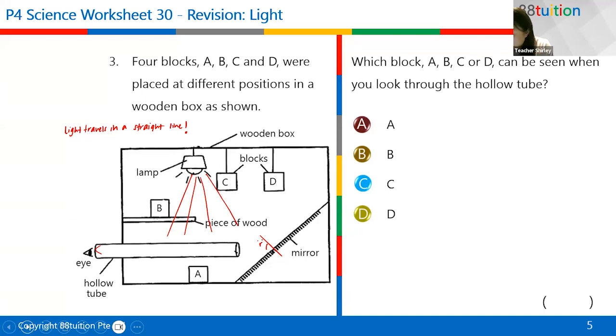So this is considered the angle of reflection because it's reflected into this person's eyes. Okay, so then after that, we will also need to draw another line. So what I was trying to say is that, okay, this is reflection, okay? So this is called angle of incidence. This is called angle of reflection.